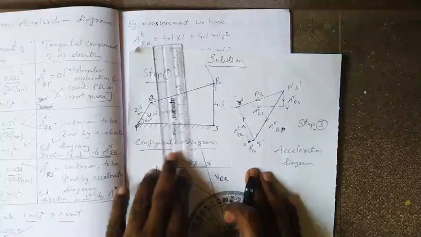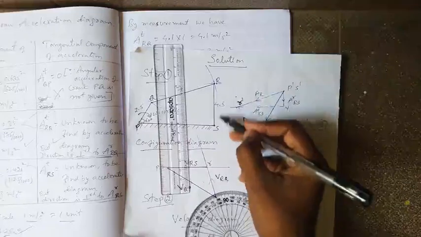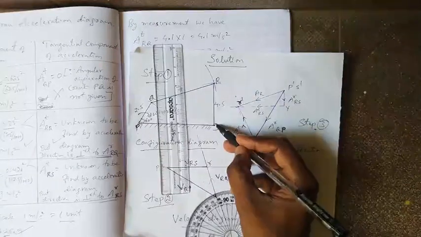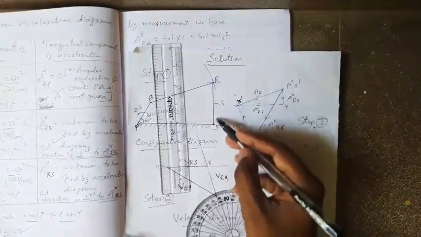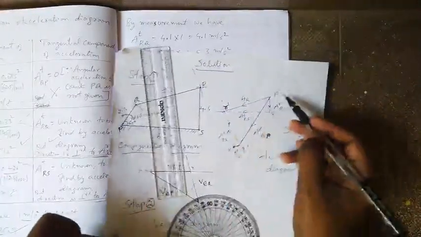Now let us move on to the radial component of RS. The radial component of RS will be parallel to this RS. So where is point S? The point S is here itself.